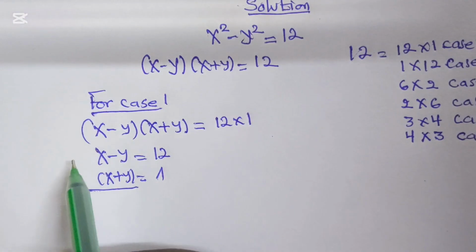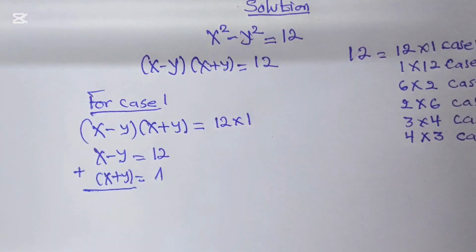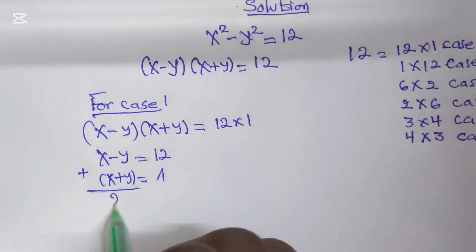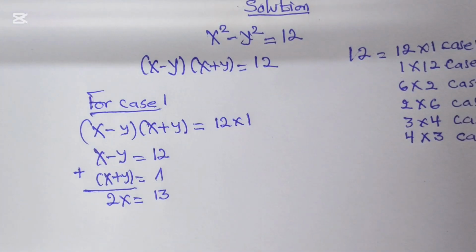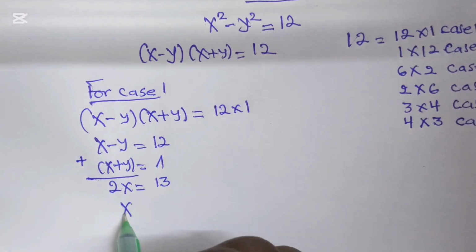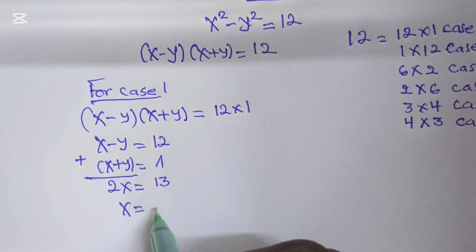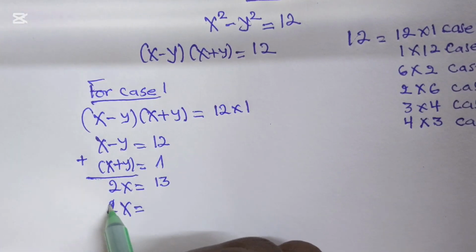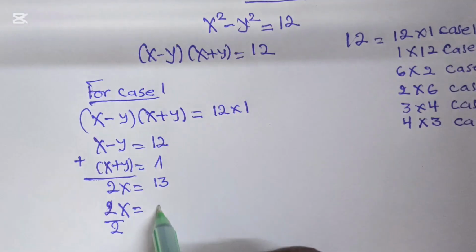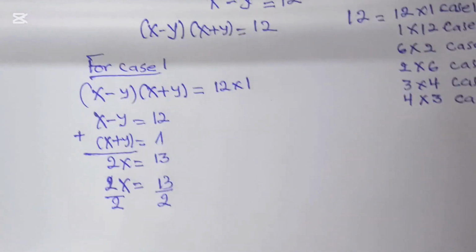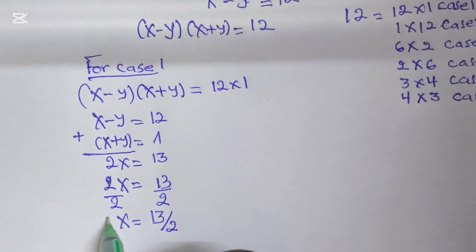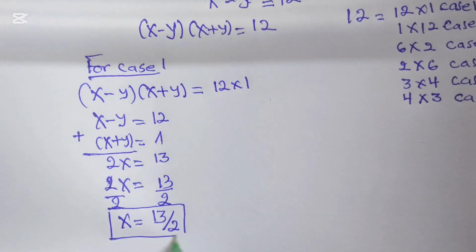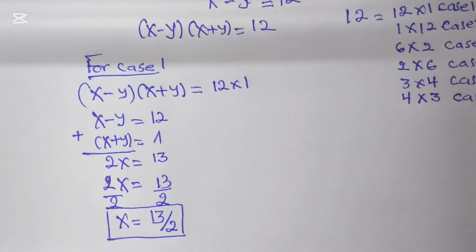By solving this system of equations and adding, we get 2x equals 13, so x equals 13 over 2.